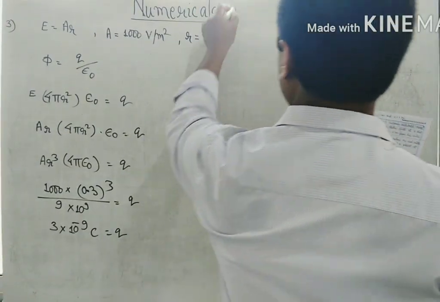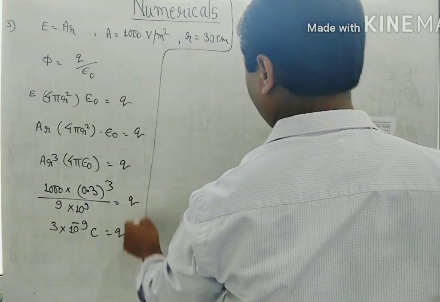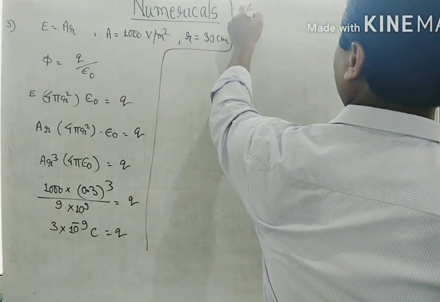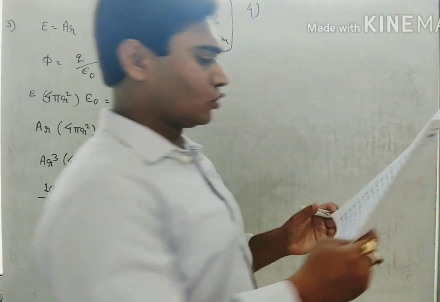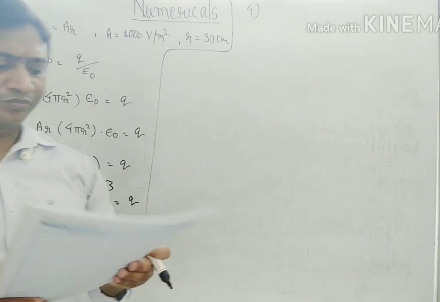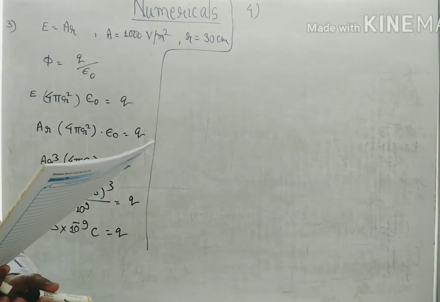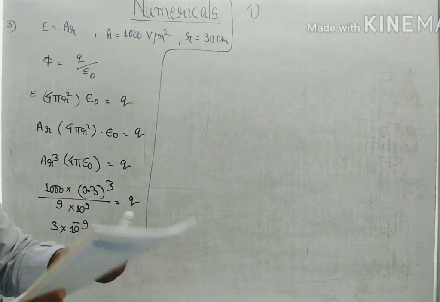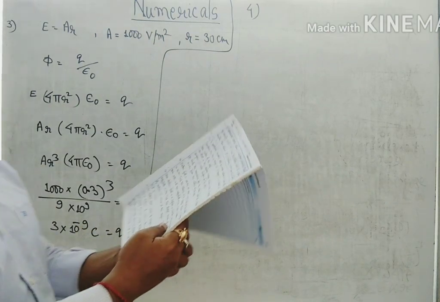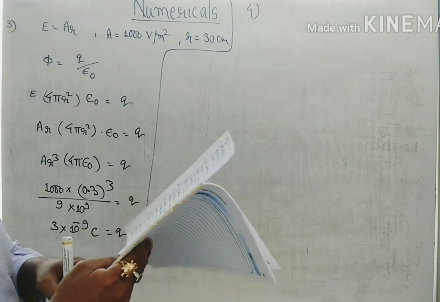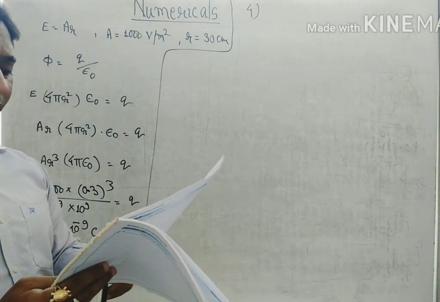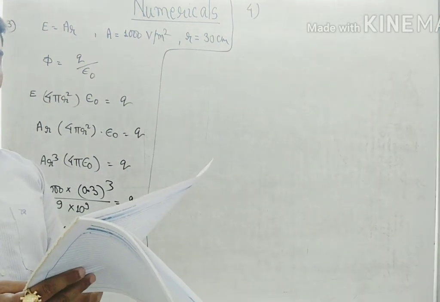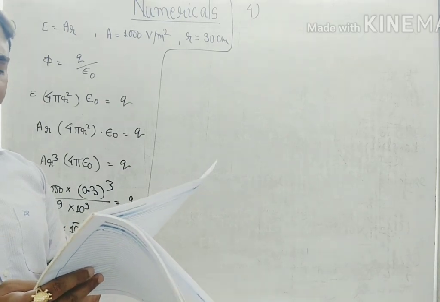So let me have the next question, the fourth. I'm just reading it out. An electric dipole consists of charge plus minus 2 into 10 to the power minus 8 coulomb separated by a distance of 2 into 10 to the power minus 3 meter.